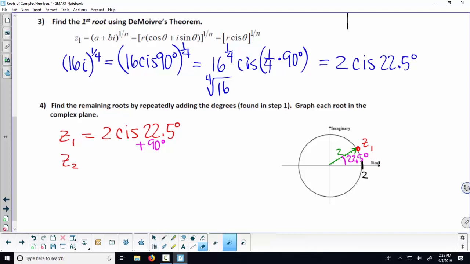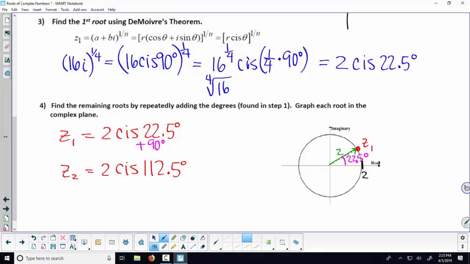And I've got the direction angle of my second complex number, or if we were talking about the vector associated with it. So I end up with 2 CIS 22.5 plus 90 is 112.5 degrees.